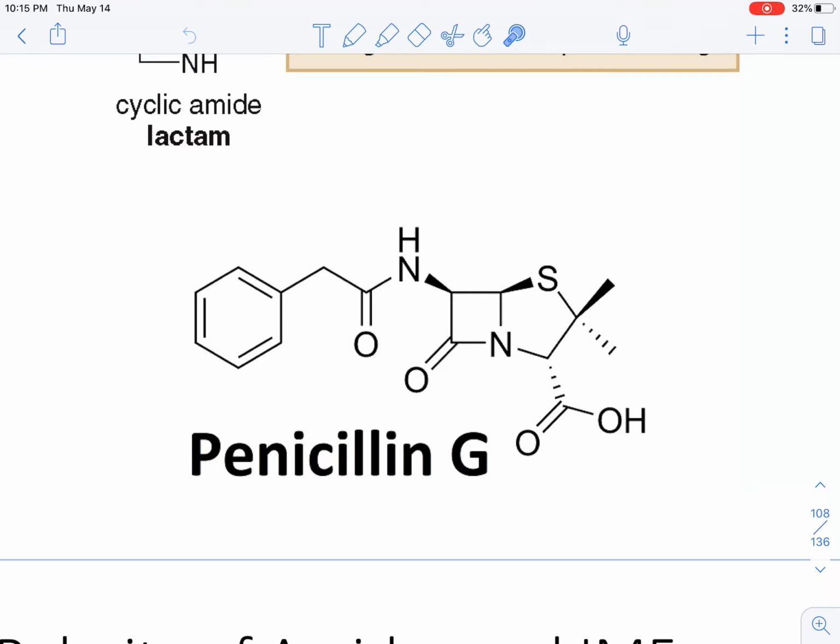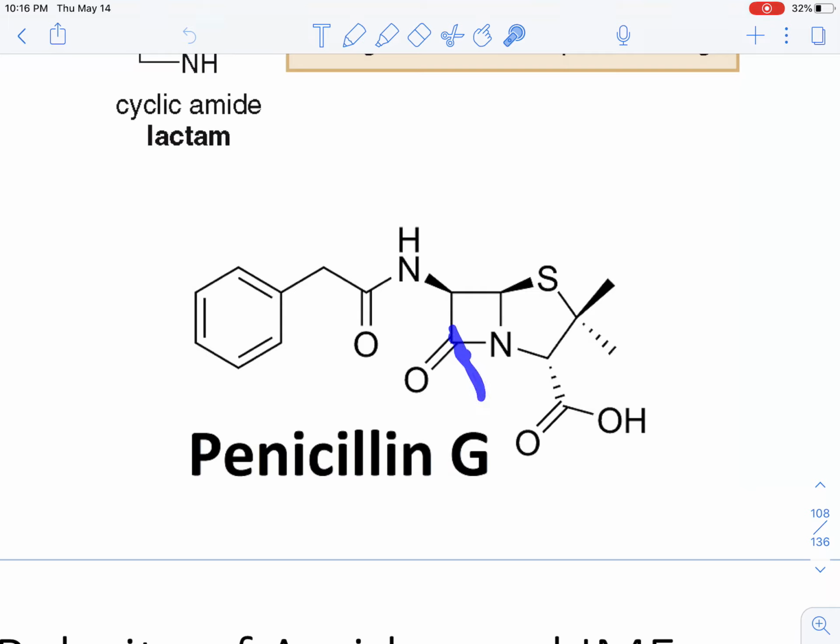What penicillin does is that it binds into the active site of transpeptidase, and this beta-lactam ring undergoes a specific reaction so that the ring opens up, and a covalent bond is formed with a carbonyl carbon of the penicillin or penicillin derivative to one of the amino acids found inside transpeptidase.